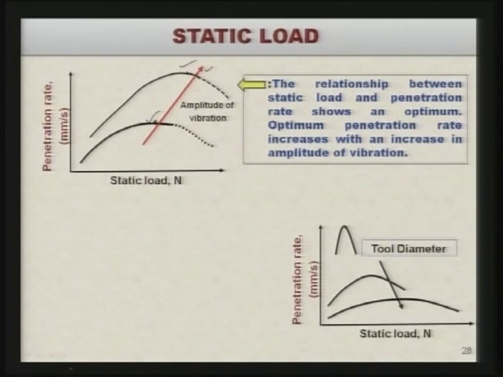Now, if we vary the static load as well as the tool diameter, this is the kind of relationship we obtain: as the static load is increasing, penetration rate is increasing, but beyond a certain value, as we have seen in the earlier figure, it starts decreasing, but as the tool diameter is increasing, the penetration rate is decreasing.